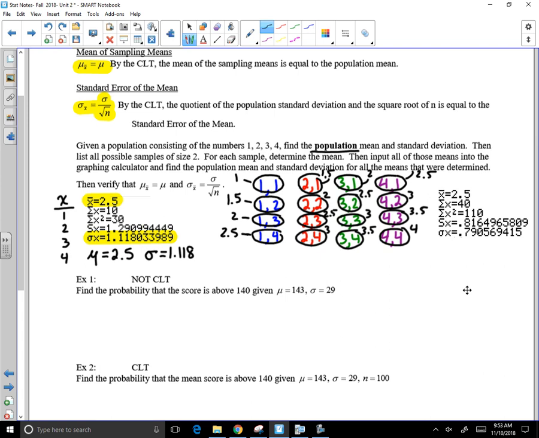All right, so the first set of data that I had were a set of x values. These were a set of x bar values, because each one of those black numbers were means. Each of these are means. They're all x bar values.